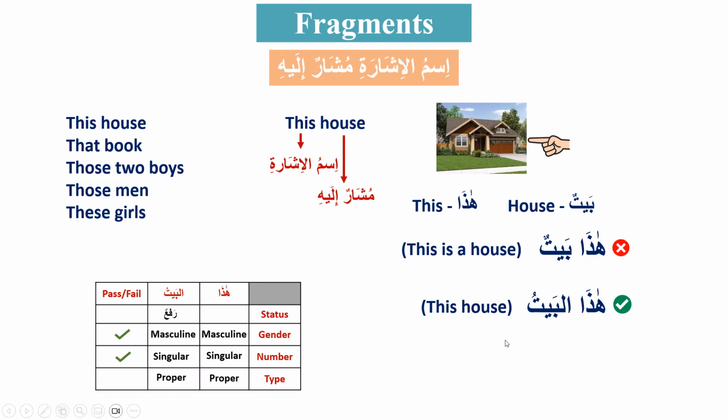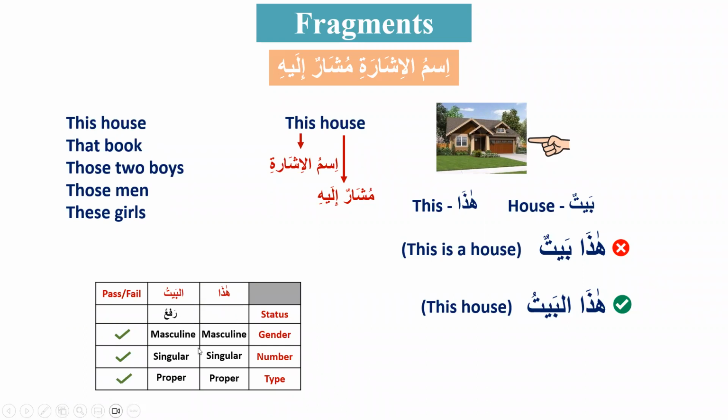No. The word with al is common unless there is a reason to call it proper. Remember? What is the reason to call it proper? Al-Baytu. The al. Yeah, that's the right answer. Proper.